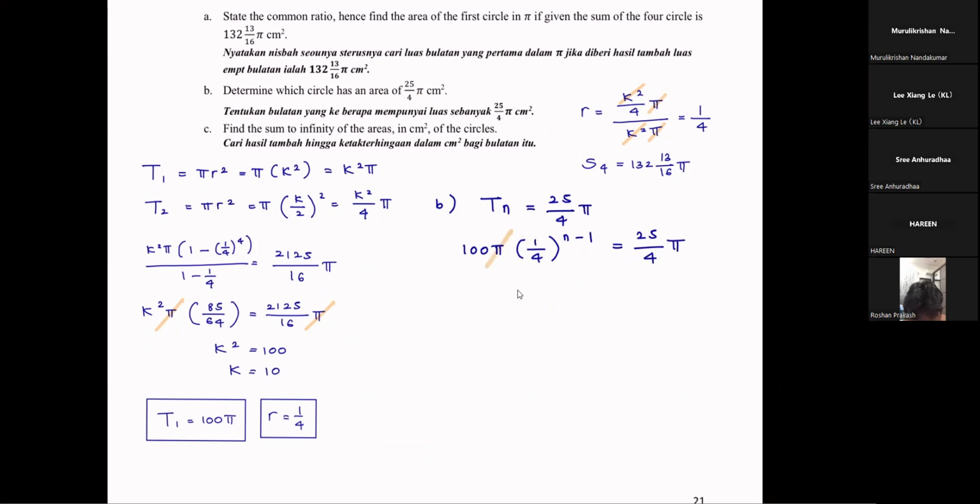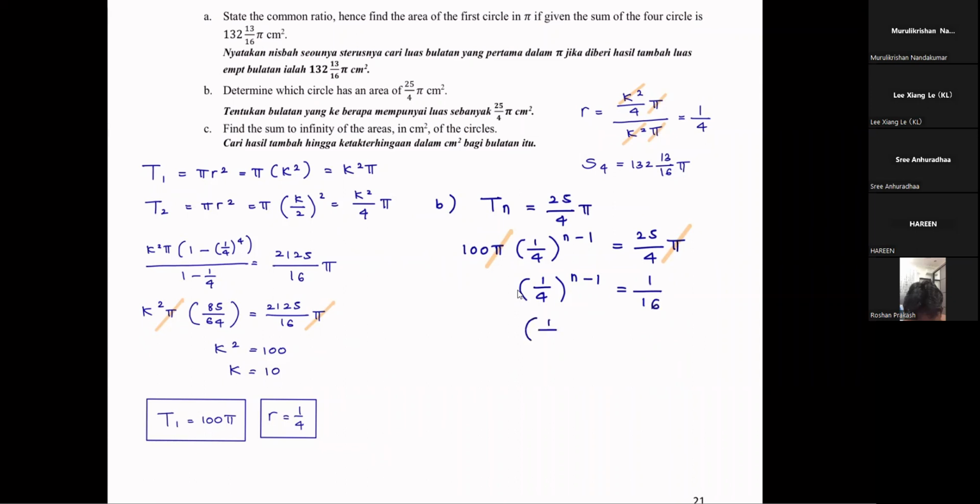So pi dengan pi boleh buang. Okay, you take a 25 over 4. Divide by 100, what do you get? You get 1 over 16.